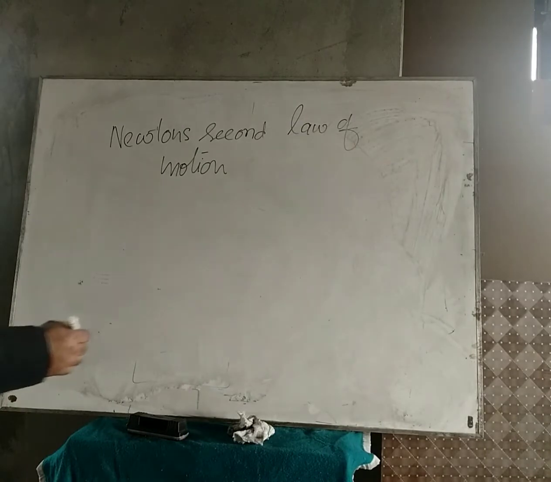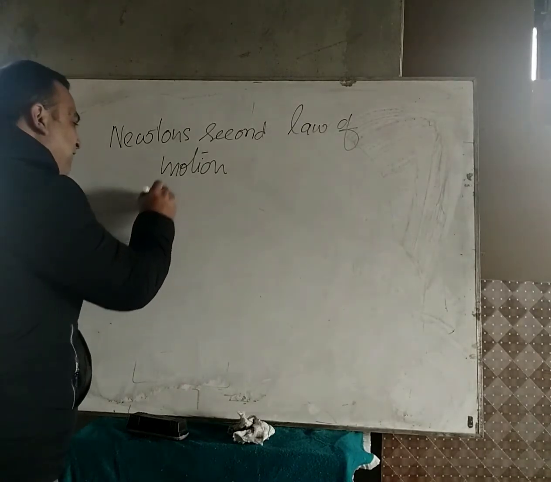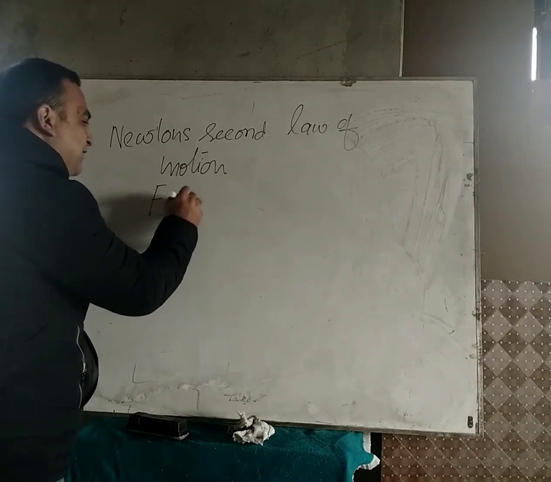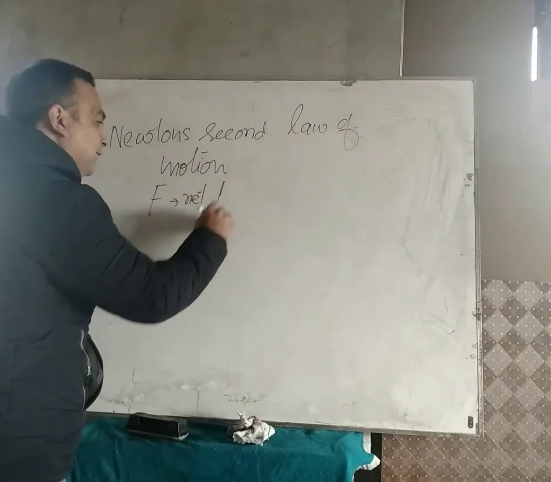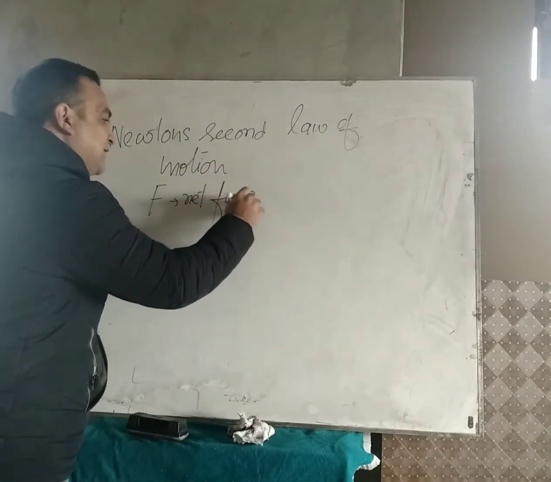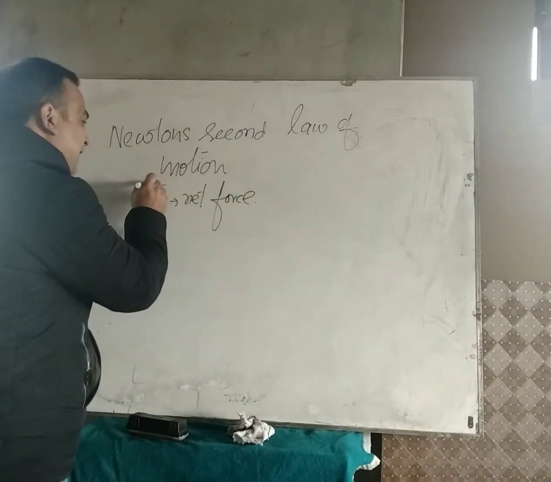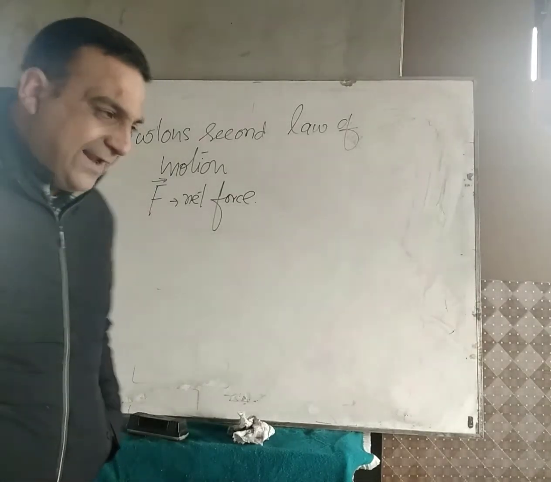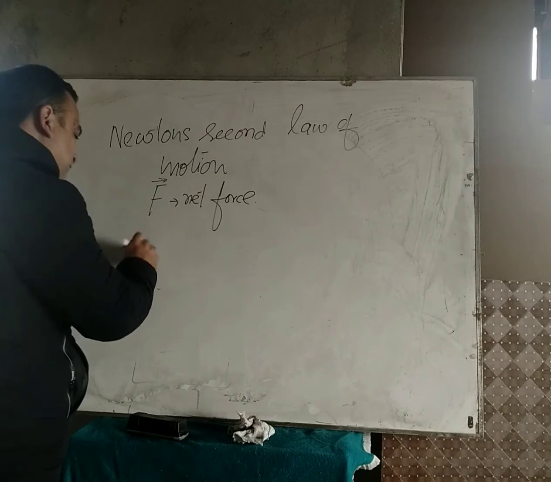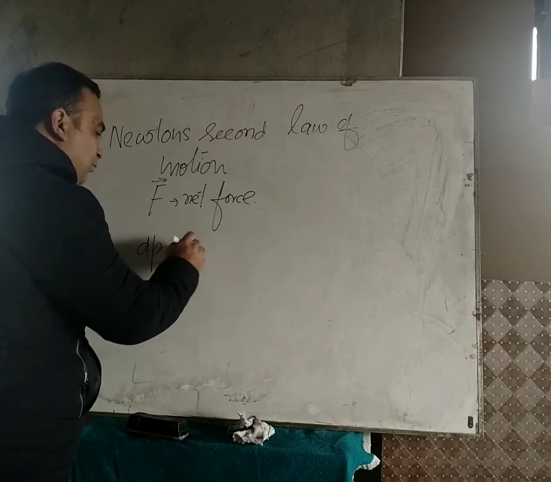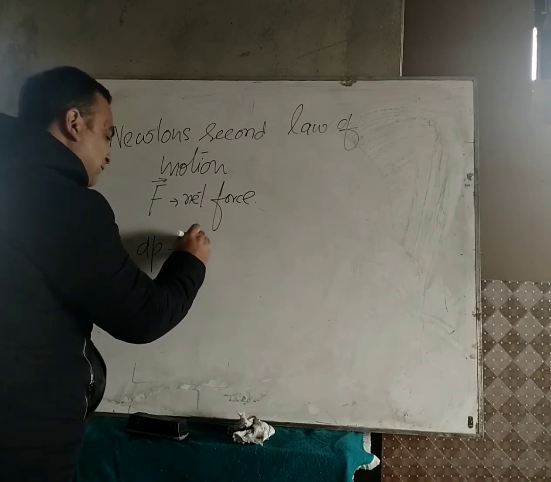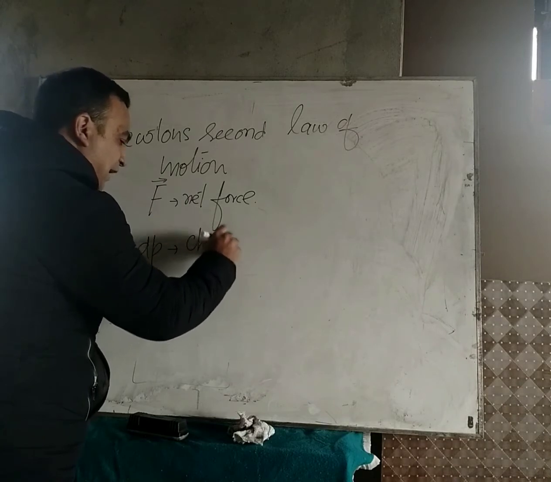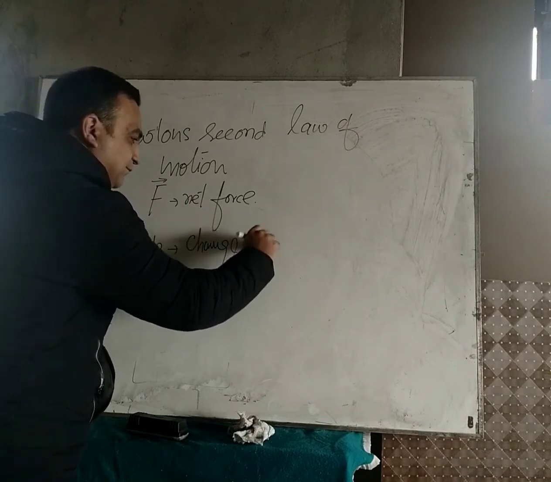So to go with this, if I say that F is the net force acting on a body, of course this F is a vector, that should be borne in mind. And dP is the small change in momentum, I'll call it change in momentum.